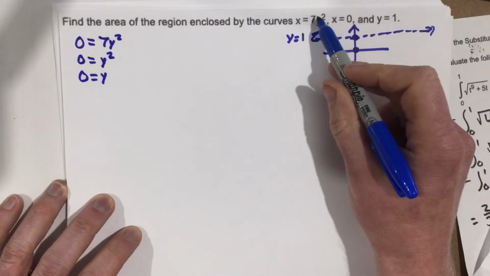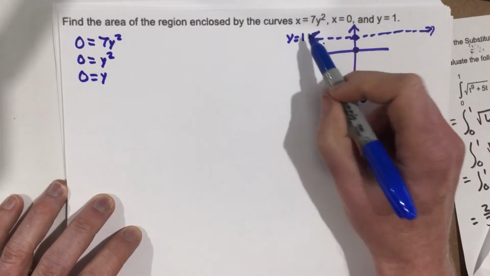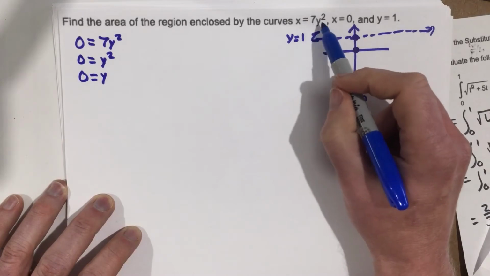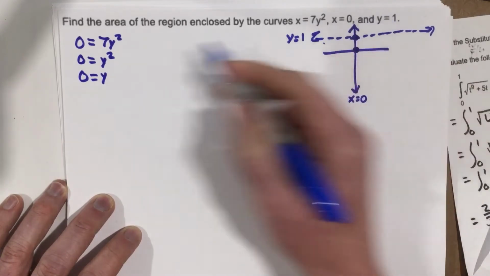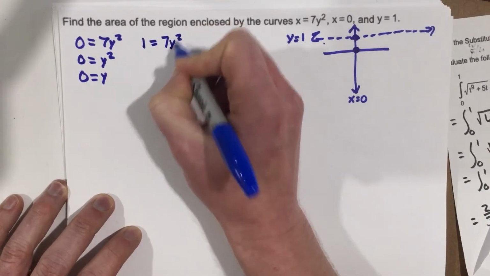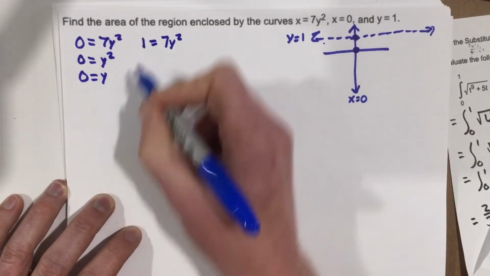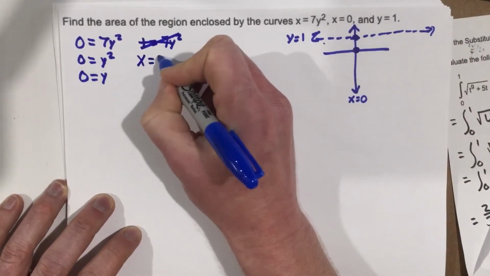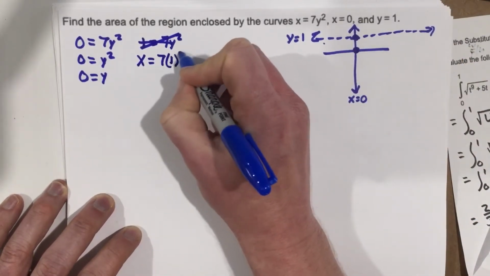And then let's check where x equals 7y squared intersects with y equals 1. Oh, sorry, I plugged that in for x. I meant to say x equals 7 times 1 squared, right?